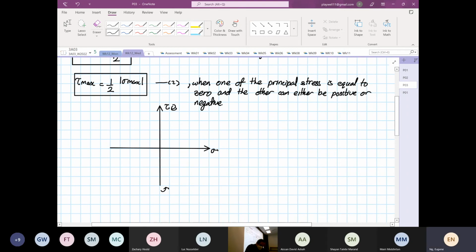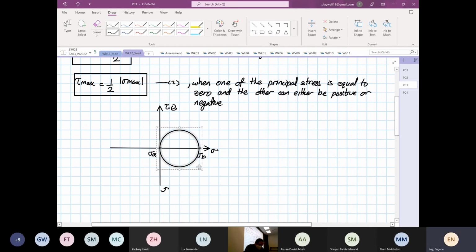So if one of the principal stress is stress A, which is equal to 0, and the other one is stress B, okay, which is positive, and this is where when we sketch our circle, right?